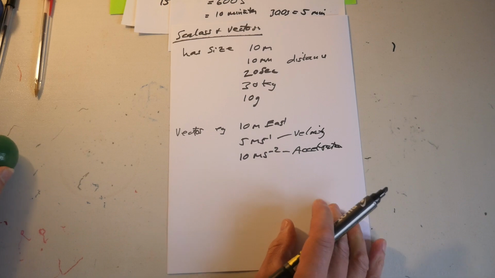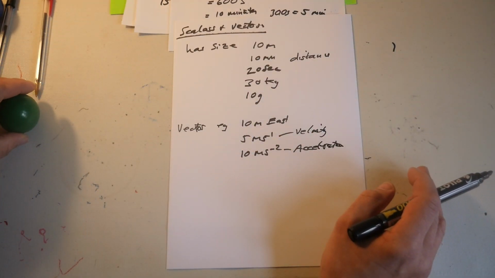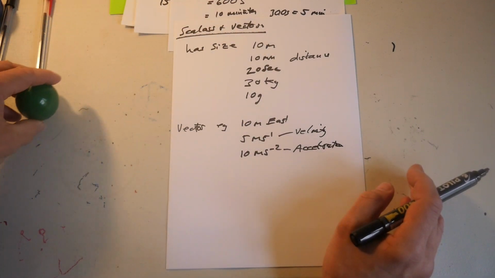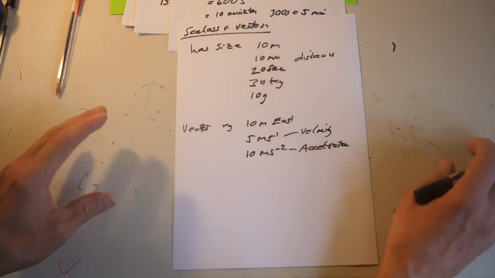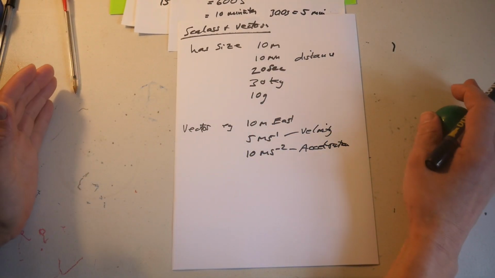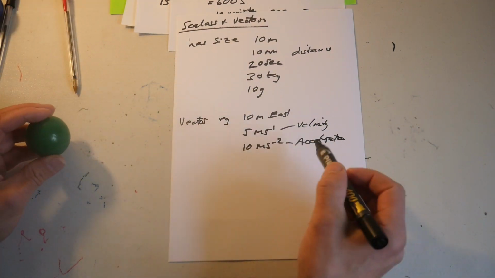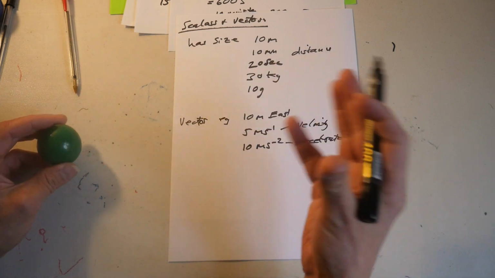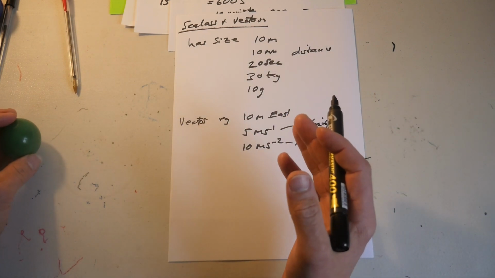So this rolls has a velocity of say 3 centimeters per second, okay? But if I speed it up like that, it's for every second. It's actually moving, say, 3 centimeters per second.